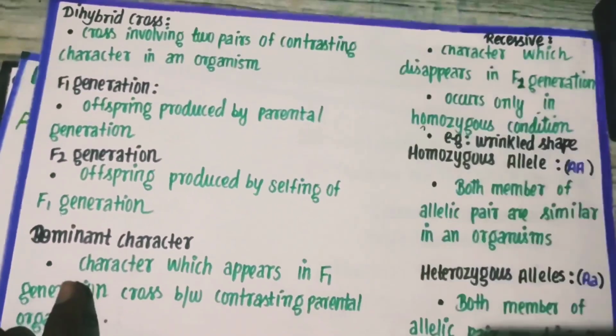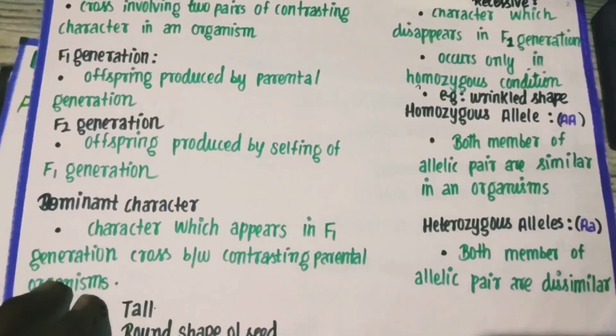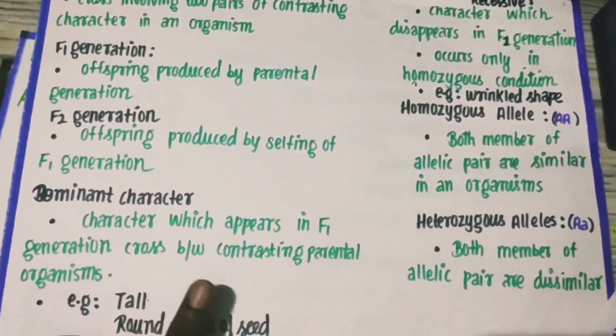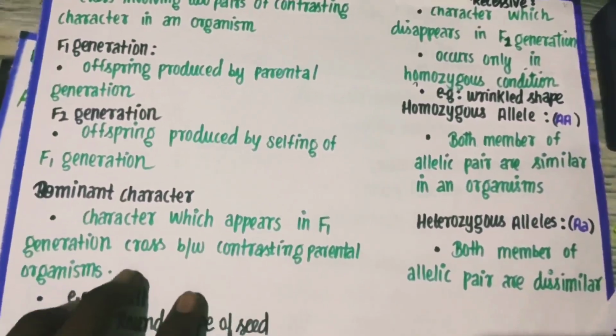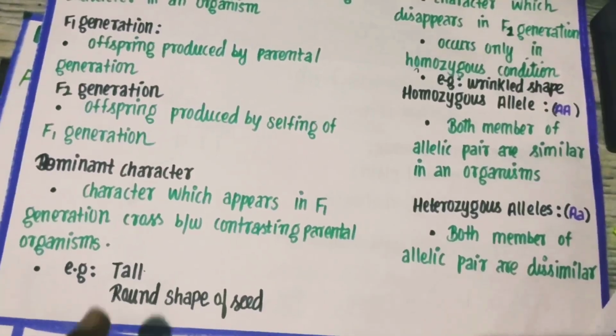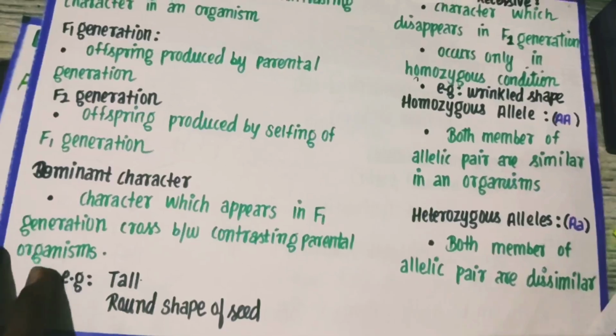Characters which appear in the F1 generation from a cross between contrasting parental organisms are called dominant characters. In pea plant, tallness and round shape of the seed are examples of dominant characters.